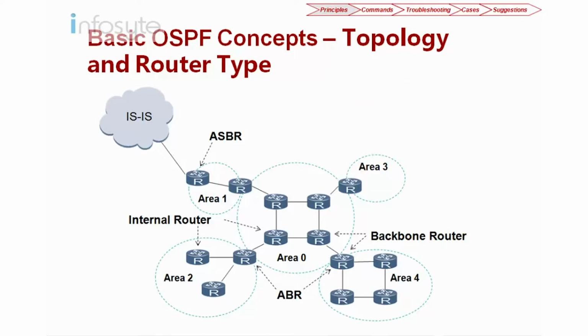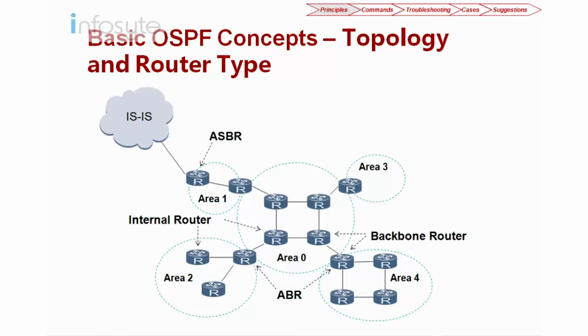Among all these area numbers, area 0 is always our backbone area. This area 0 you can't change; area 0 will always be your backbone area. All the other areas are called non-backbone areas.